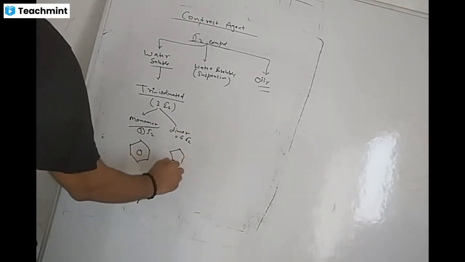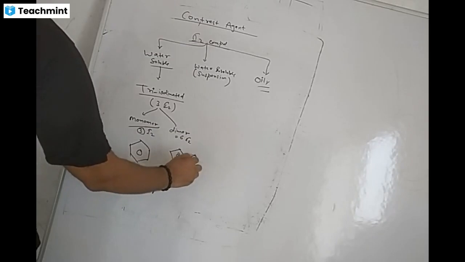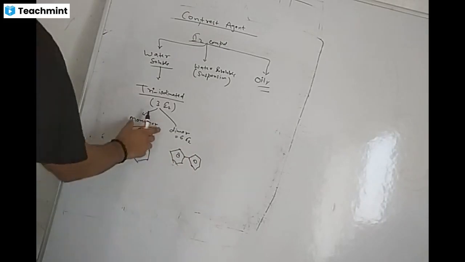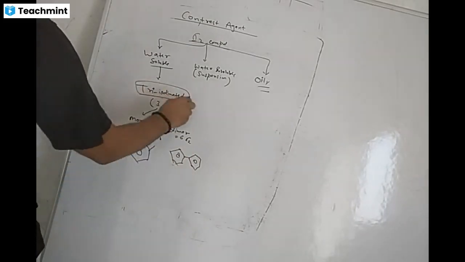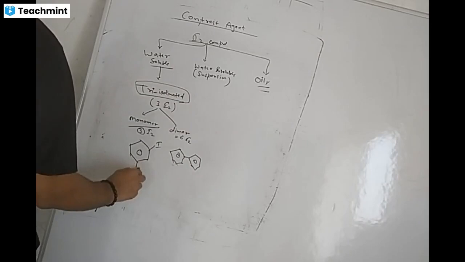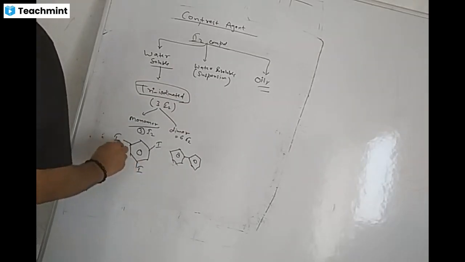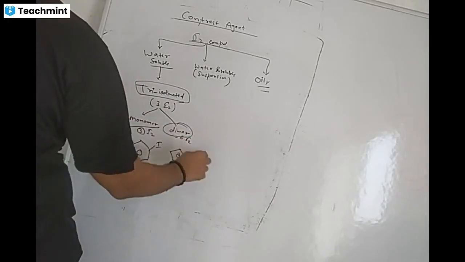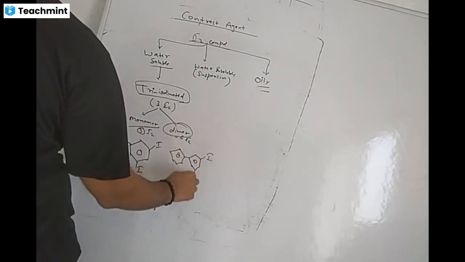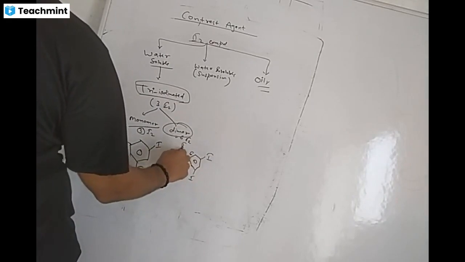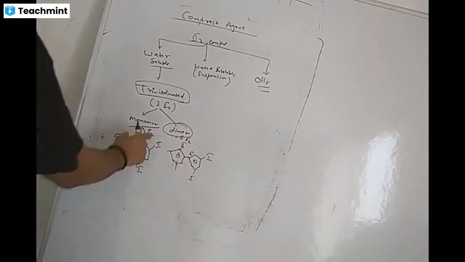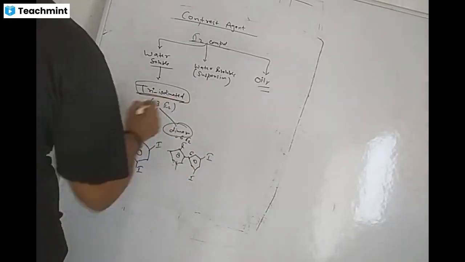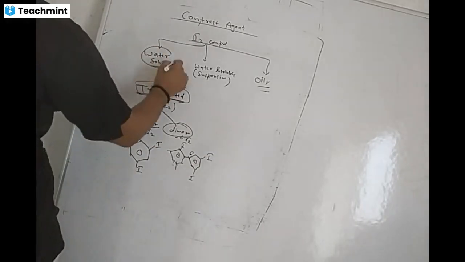So monomers are tri-iodinated, they have 3 iodine. They are also tri-iodinated, but they are dimers. They have 6 iodine in total. So monomers have 3 and dimers have 6. They are water soluble.